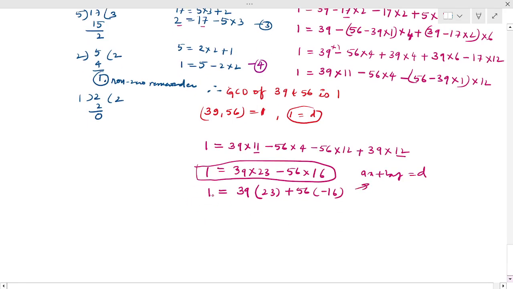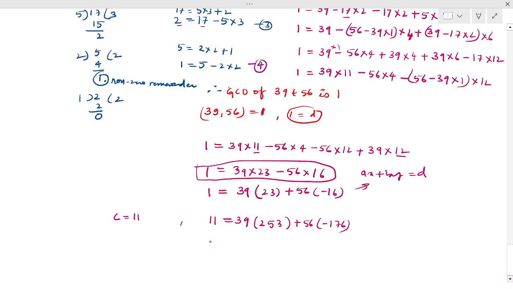Now finally we have to multiply by the value of C. What is the value of C? C is 11. You can multiply both sides. This is 11 is equal to 39, keep it as it is. You can multiply 11 to 23. 11 into 23 is 253, plus 56 times of 11 into minus 16 is minus 176.